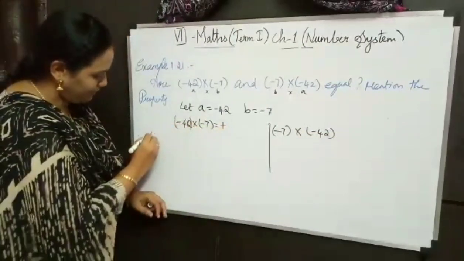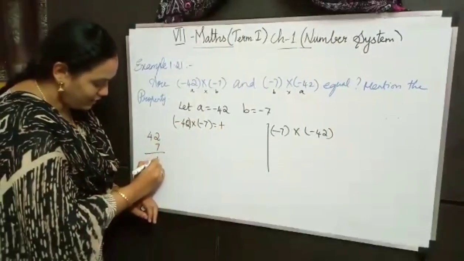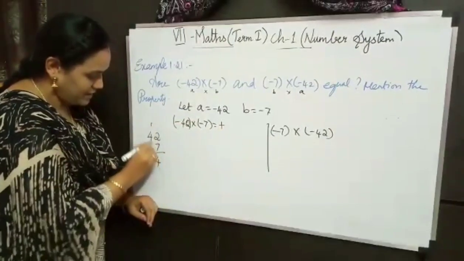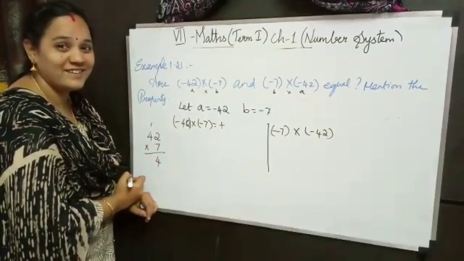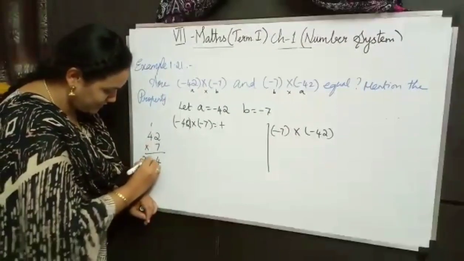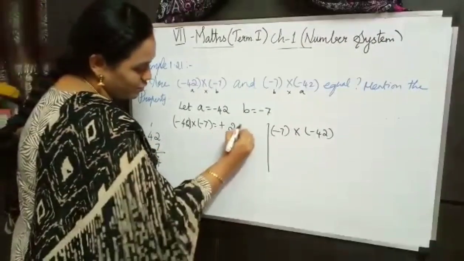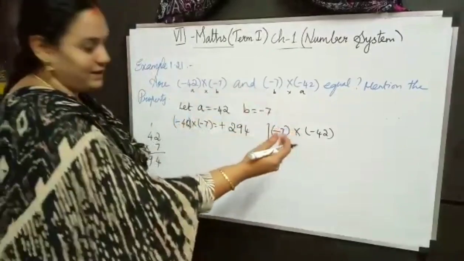We have to multiply 42 by 7. Shall we do it? 7 2s are 14. 7 4s are? Tell me the answer. 7 4s are 28. 28 plus 1 is 29. So 294. Shall we find out the other side now?